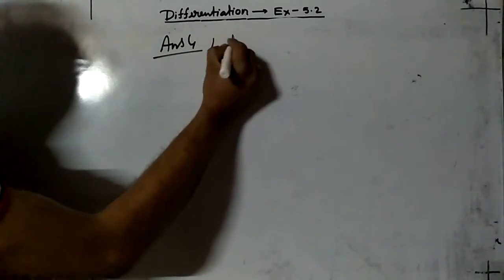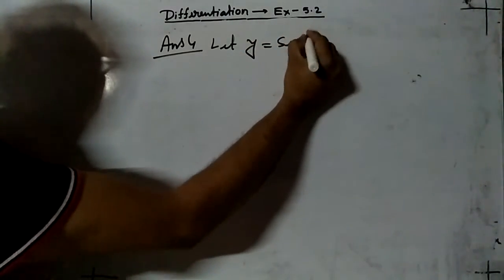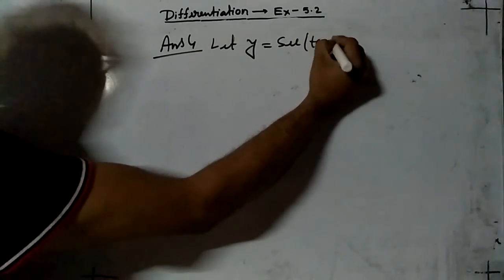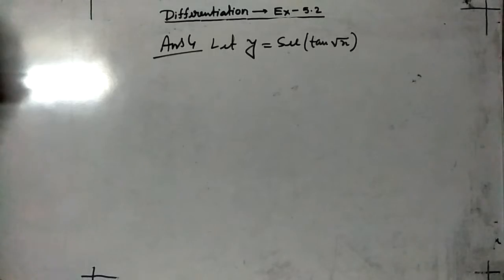So let y equal sec of tan root x. Here also it is a composite function, because it is not a single sec x or tan x. It is a composite of sec x, tan x and root x.